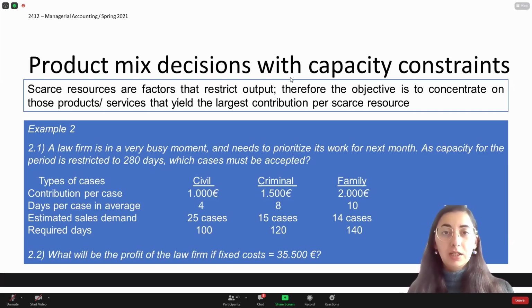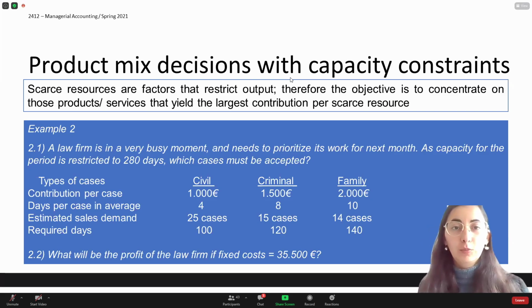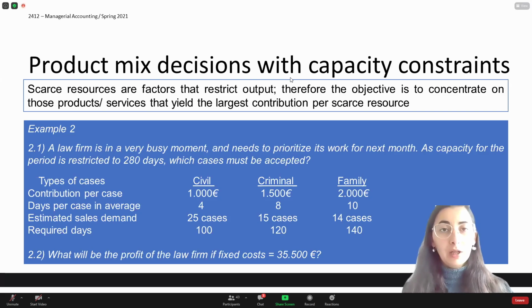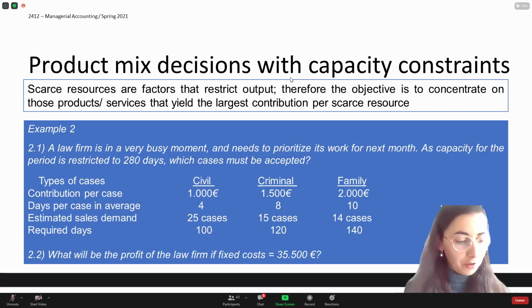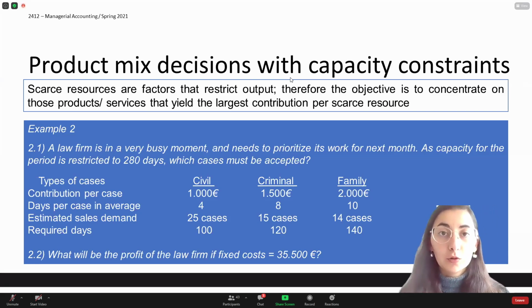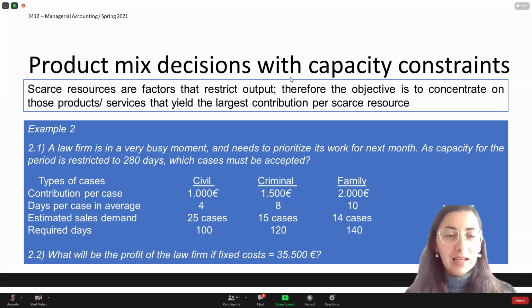As I was mentioning, there's another way to calculate the profit. We can either calculate the contribution margin per case and multiply by the number of cases, or, because we just calculated the contribution margin per case per day, we can also use that. For civil, it would be 250 euros per day times 100 days.